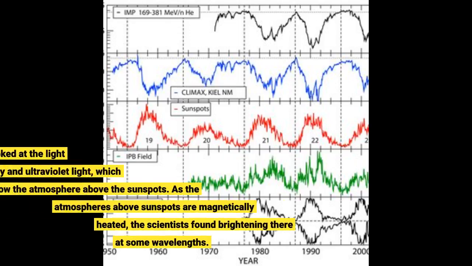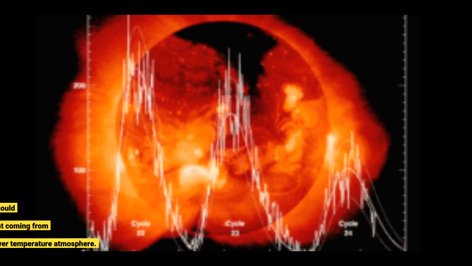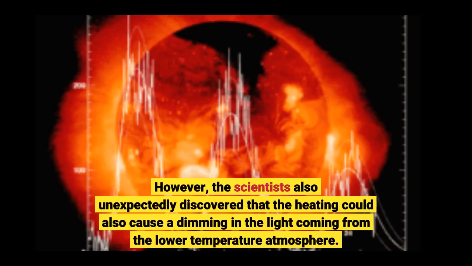The scientists also looked at the light curves in X-ray and ultraviolet light, which show the atmosphere above the sunspots. As the atmospheres above sunspots are magnetically heated, the scientists found brightening there at some wavelengths. However, the scientists also unexpectedly discovered that the heating could also cause a dimming in the light coming from the lower temperature atmosphere.